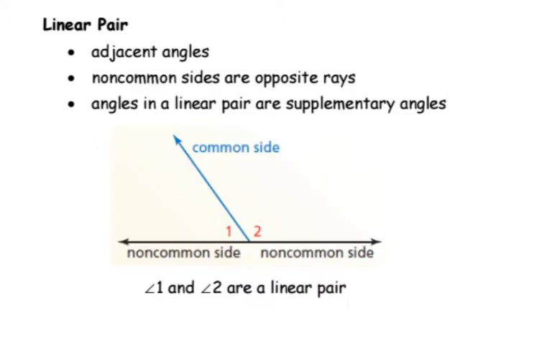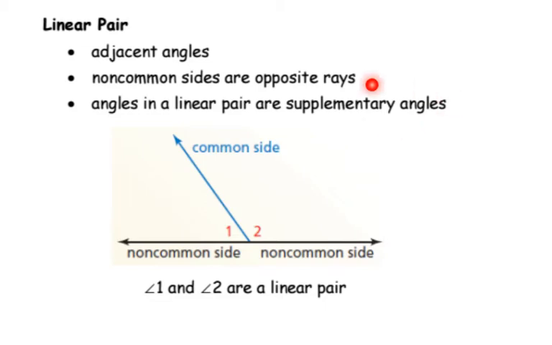Now just to talk about some angles, okay, so some geometry here. We have something called linear pairs, all right, and linear pairs are adjacent angles, so meaning that they're two angles that are literally side by side. They share a common side, okay. Their non-common sides are opposite rays, okay, so rays going in two different directions. They create a line, okay.